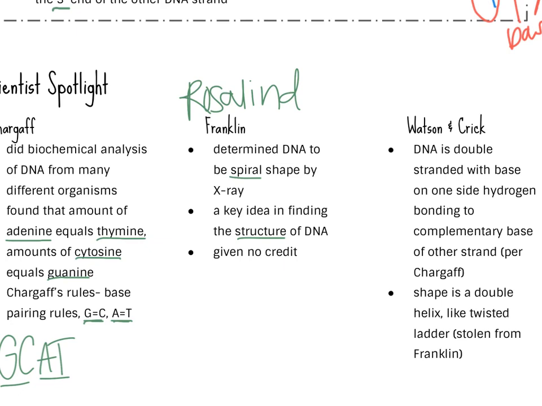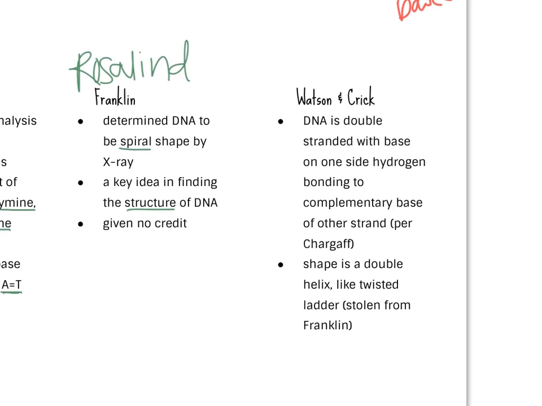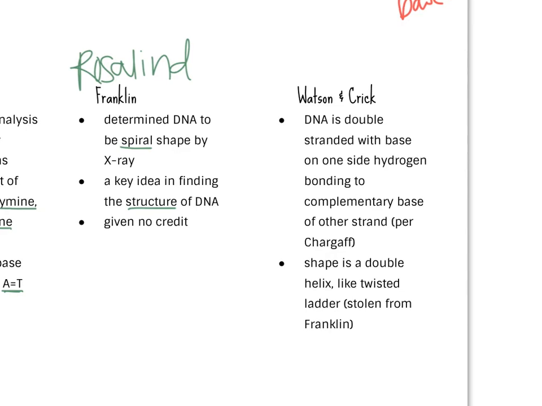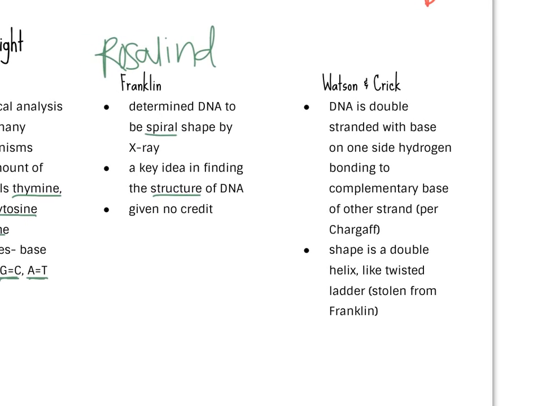And he presented them at this lecture, and in attendance at that lecture were Watson and Crick. Those names you might be a bit more familiar with. There's a chance that you've heard of them, because they are the ones given all the credit. They're given the credit for saying that DNA is double-stranded with a base on one side, and the hydrogen bonding the complementary bases of the other side.